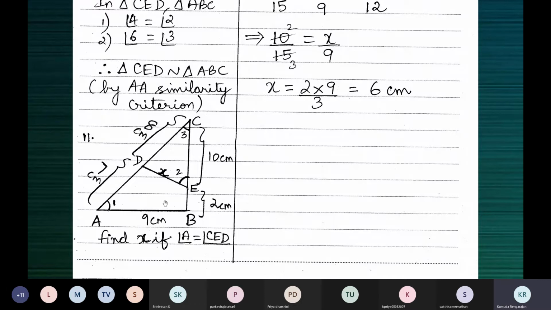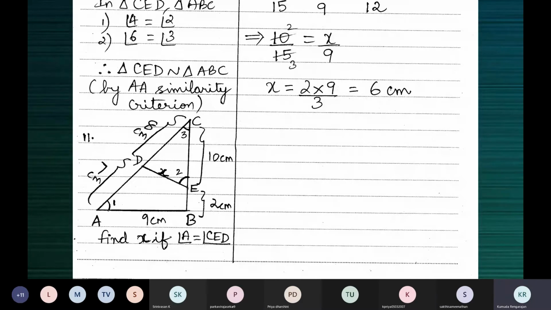Angle A is angle 1, and CED is angle 2. Angle 1 is equal to angle 2 is given. 1 is an angle of which triangle? ABC, ma'am. And 2 is an angle of which triangle? DEC, ma'am. So we have one equality already given to us.